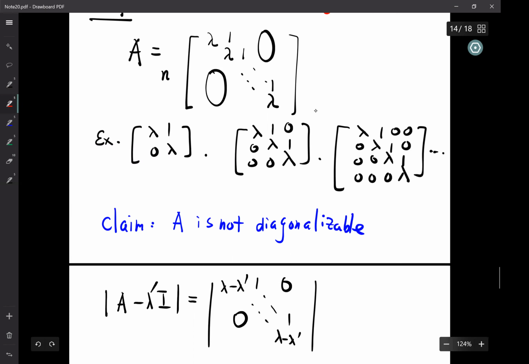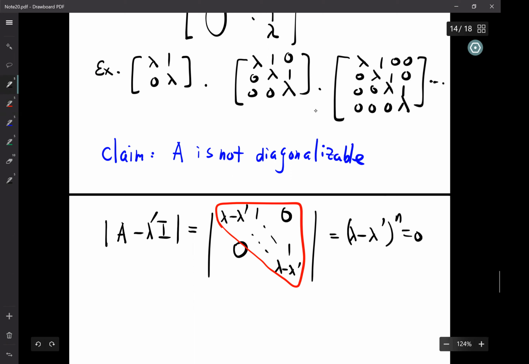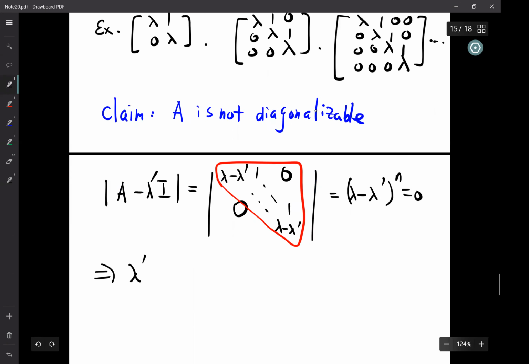This is upper triangular. So the characteristic polynomial is lambda minus lambda prime to the nth power equals 0. This means that the only possible eigenvalue lambda prime is my given lambda. There's no other possibility, with multiplicity n.